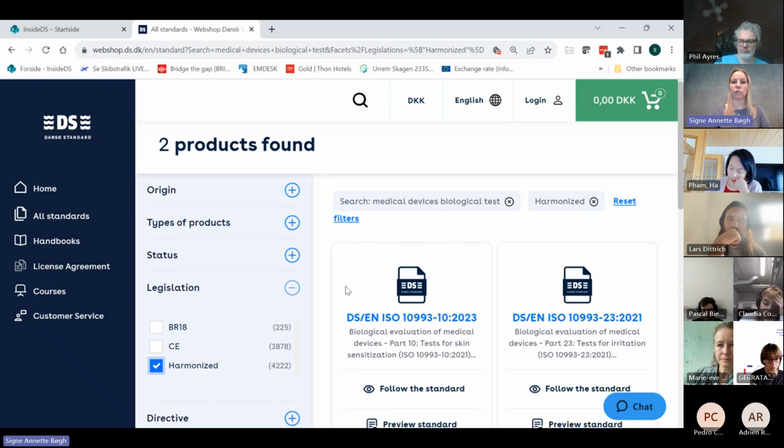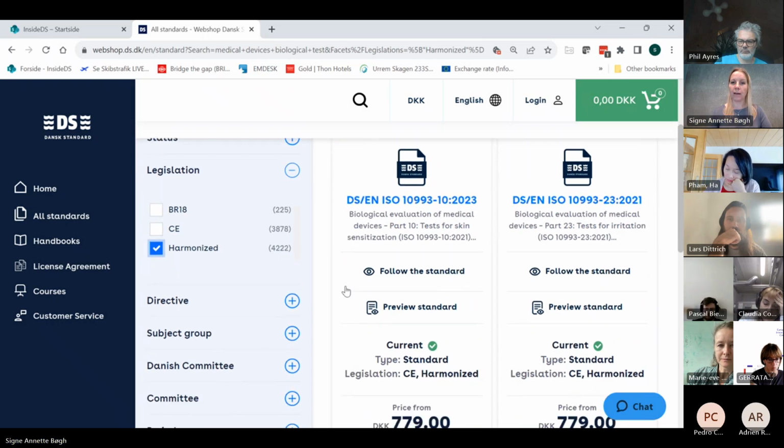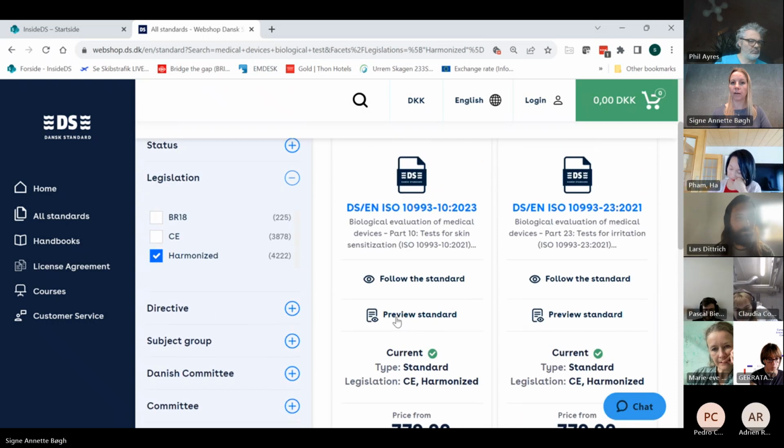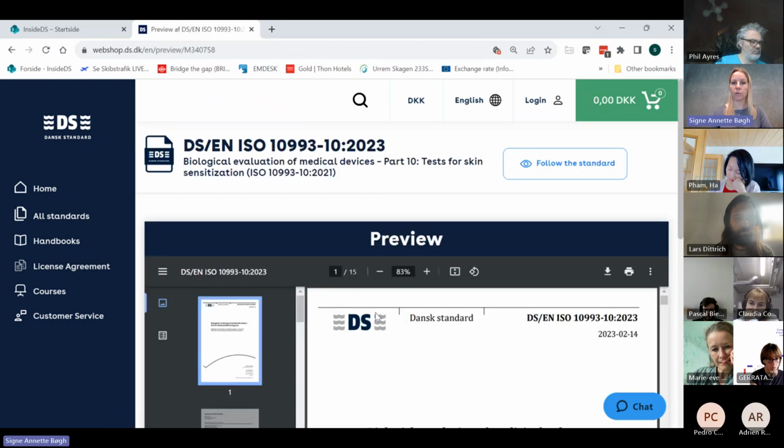I can also just show you here that, for example, you can see this is the current standard. So this is the one that you should be using if you're looking for this standard. It's linked to CE marking. It's again harmonized. And here you will also be able to preview the first 15 pages.